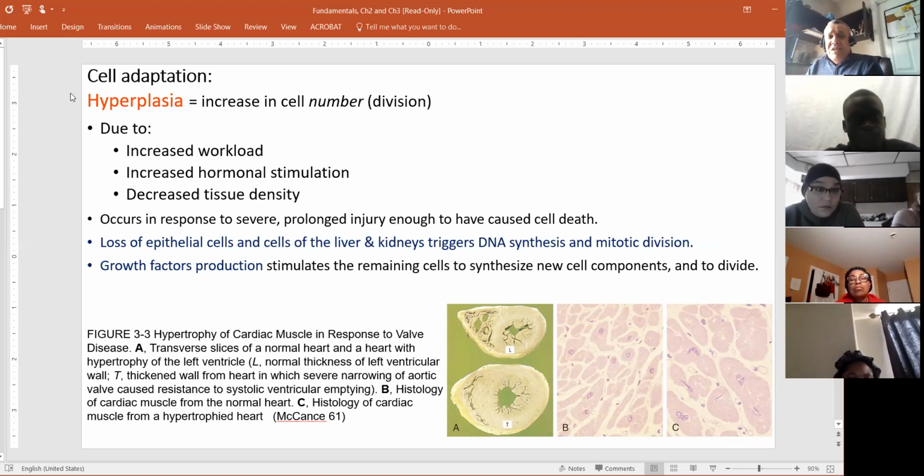And the BPH gives the significance of hyperplasia. It's a little, I would say, more serious than the hypertrophy. Patients with BPH, at some point they may develop prostate cancer.